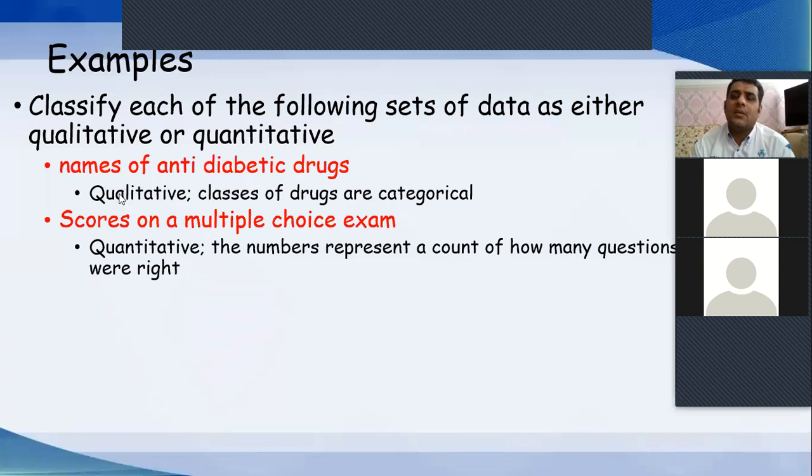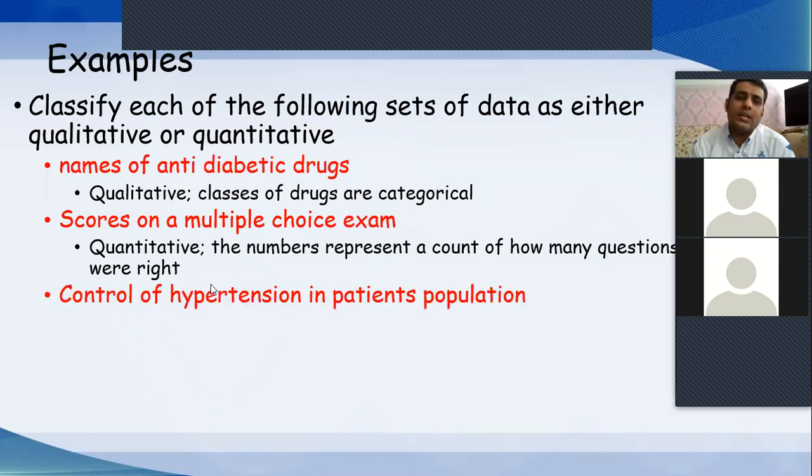The categories are there. If categorization can be done, then it is called qualitative data. In quantitative, the numbers will be there, whether blood glucose level is 6.2, 4.2, or 7.8, whatever the number is. If there is a number, then it is quantitative data. Quantity is there.